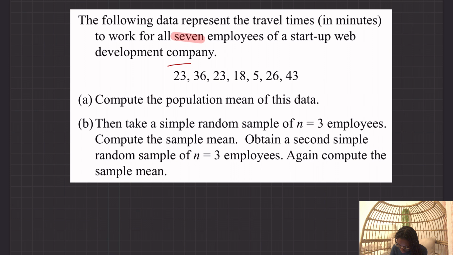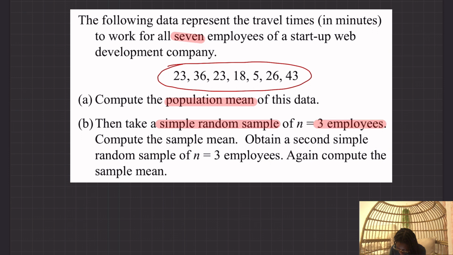These are the values in the data set, and then they ask us to find the population mean of the data and then take a simple random sample of 3 employees and compute the sample mean. They also ask us to do a second one, but we probably won't have time for that, so we'll just do one. All right, so 7 employees.